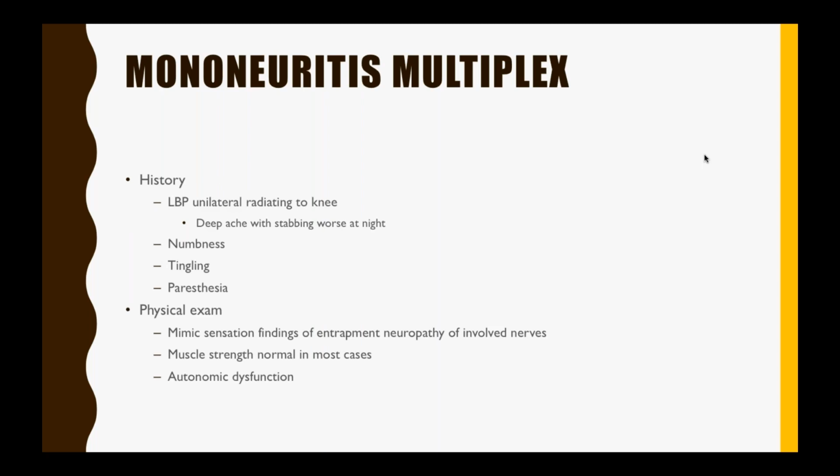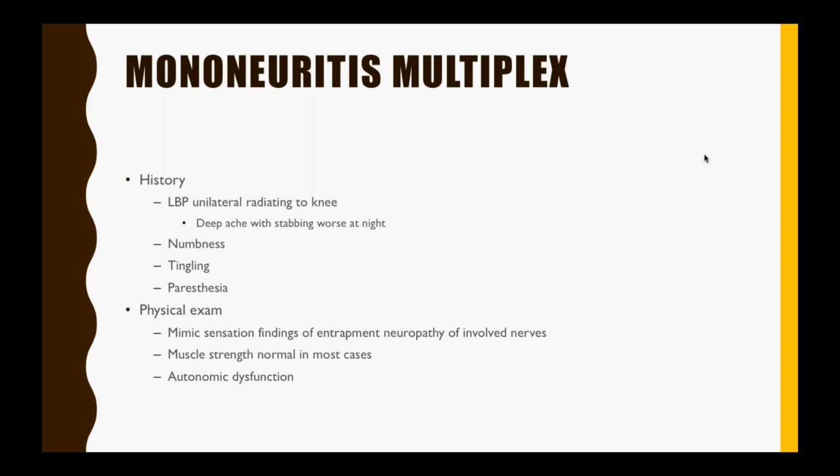Clinical symptoms commonly seen with mononeuritis multiplex are low back pain that is unilateral and radiating to the knee, numbness, tingling, and paresthesias, or kind of general symptoms. The physical exam will mimic sensation findings of entrapment neuropathy of the involved nerve.